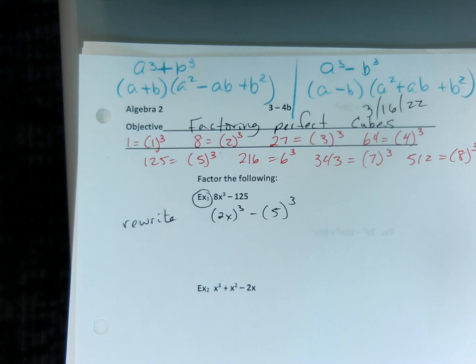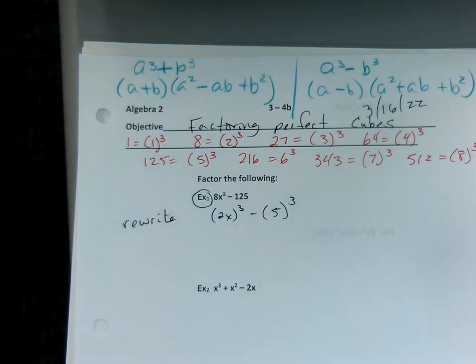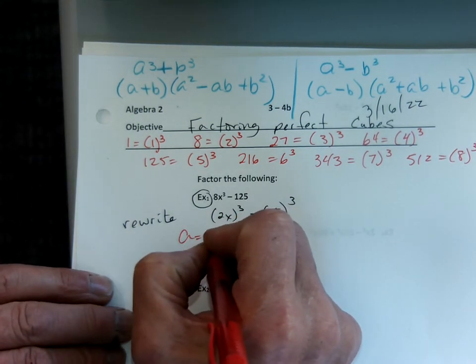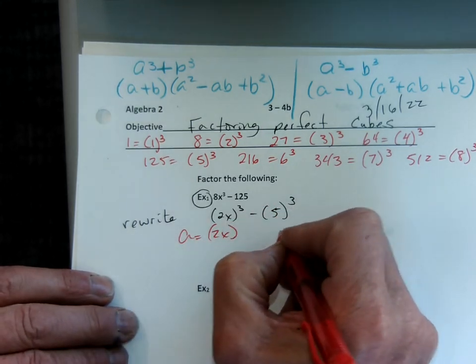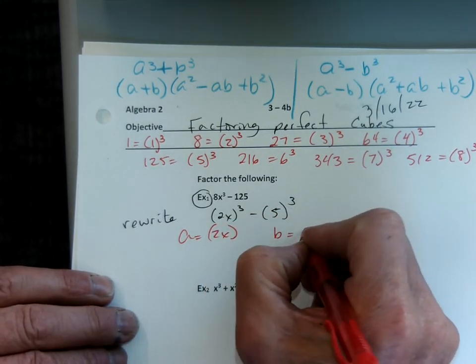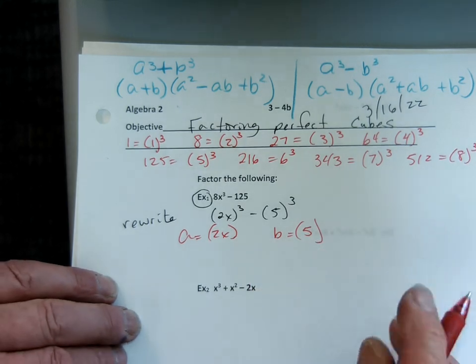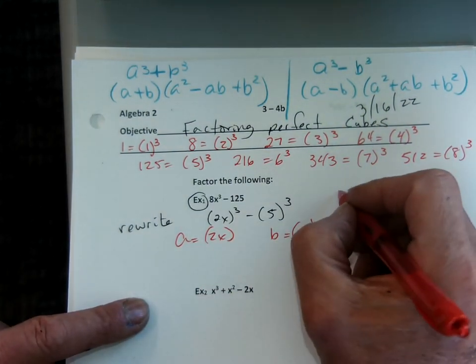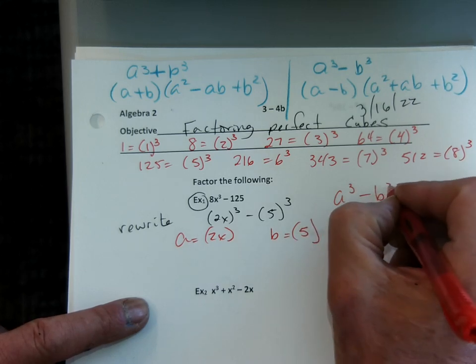Okay, so now, let's use the formula. On the formula, we're going to let a equal my 2x, and b equal my 5, because I have a cubed minus b cubed.